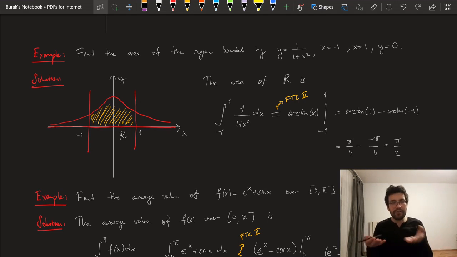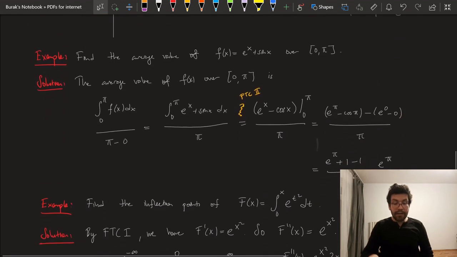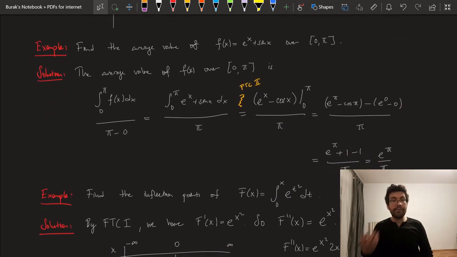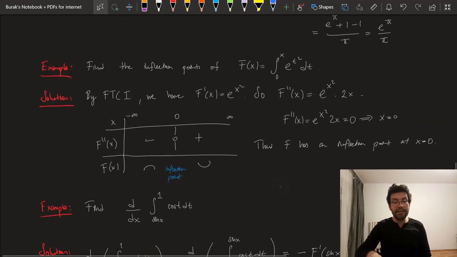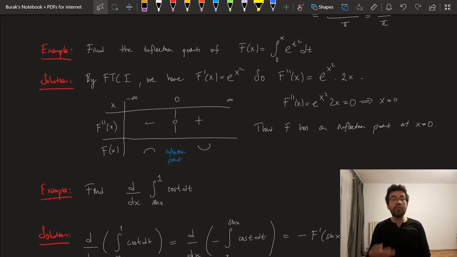It's going to be too difficult, so we use the fundamental theorem. In the other question, we found the average value of a function over an interval. By definition, the average value of a function over an interval requires you to compute a definite integral, and we computed that using fundamental theorem of calculus part 2. And then in the other remaining questions, we used fundamental theorem of calculus part 1.